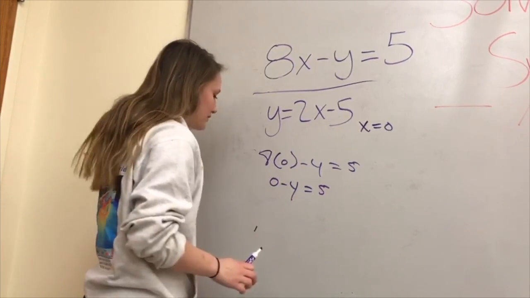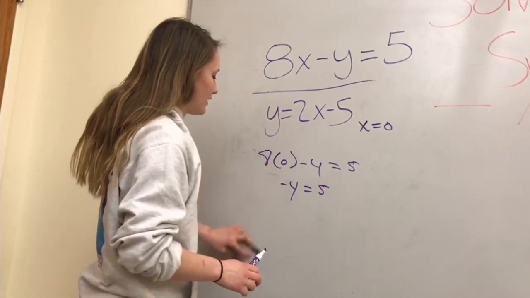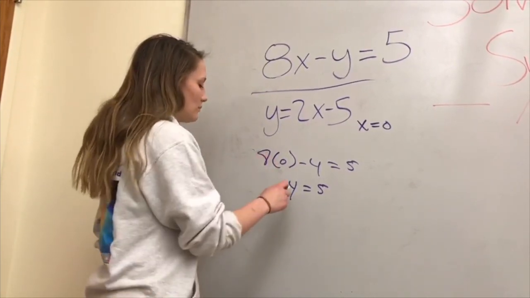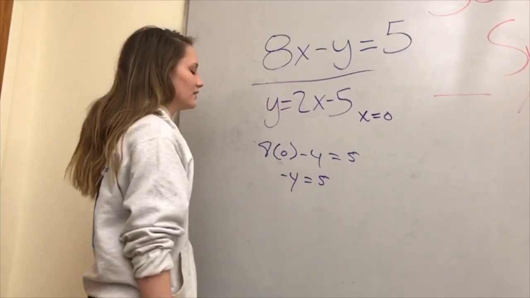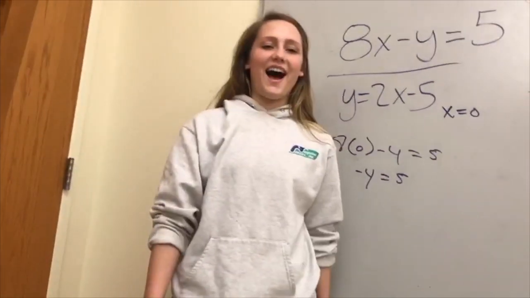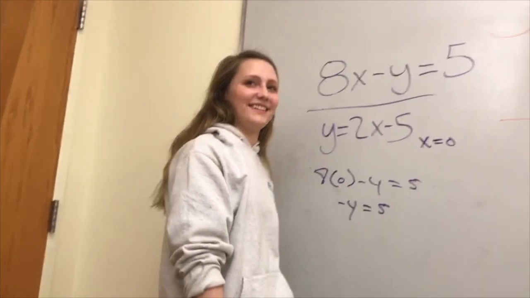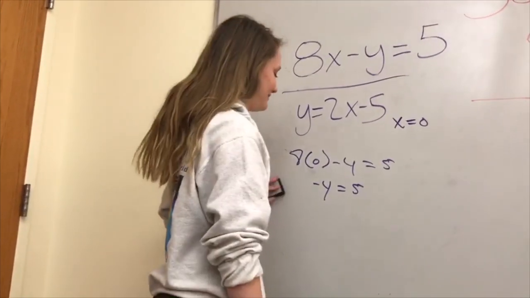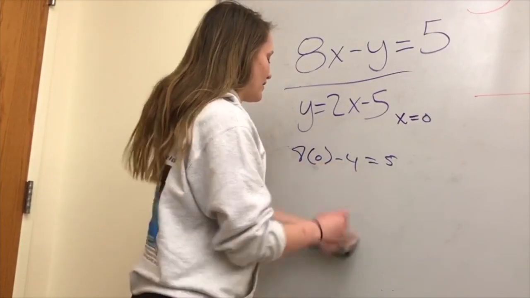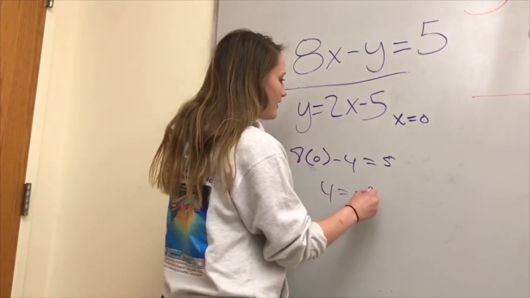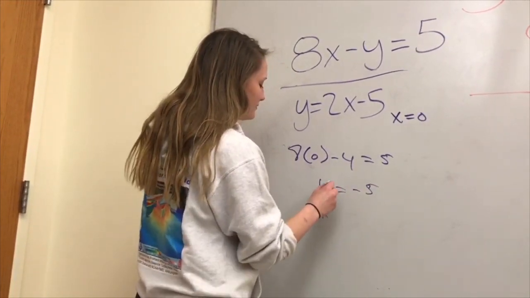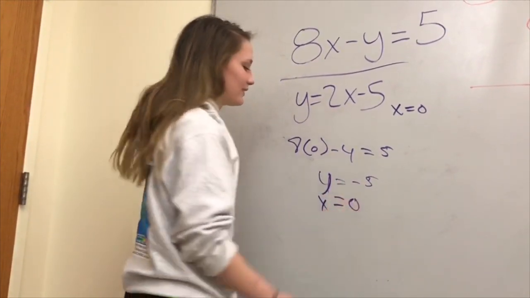So since the 0 doesn't mean anything, it means that negative y equals 5, so y equals negative 5 and x equals 0.